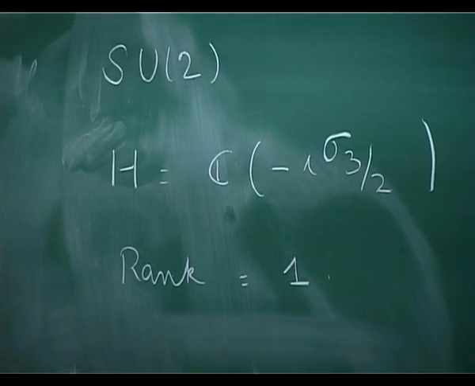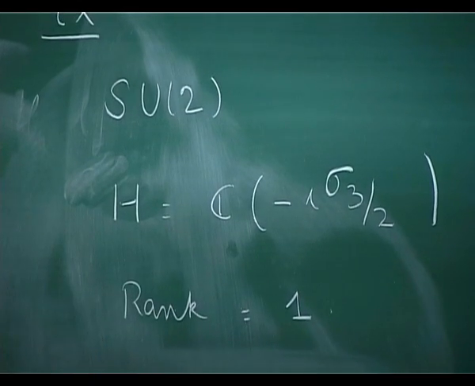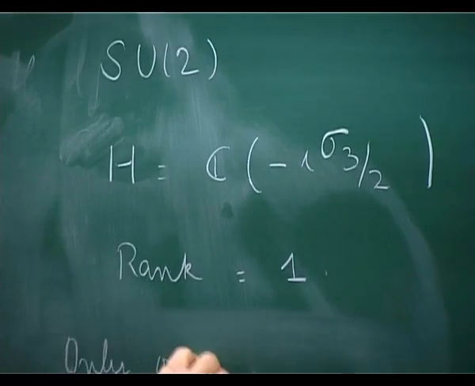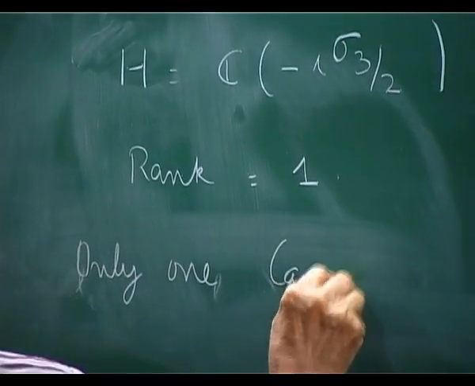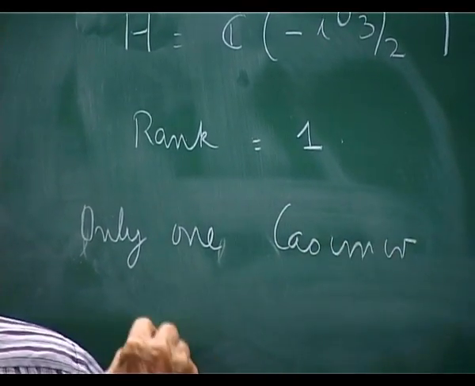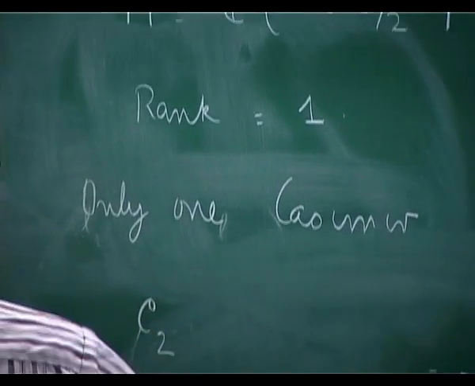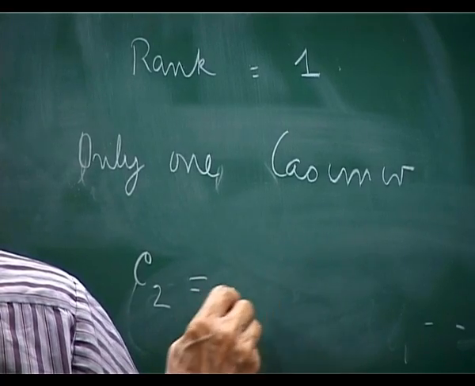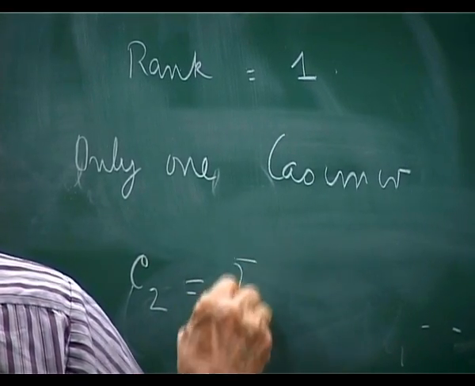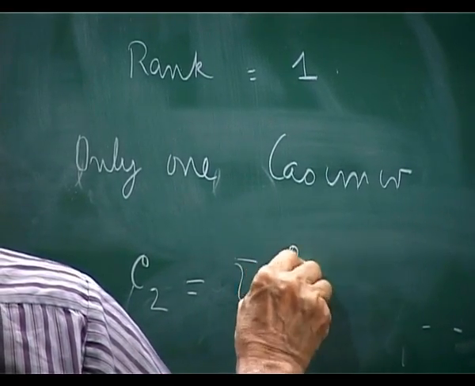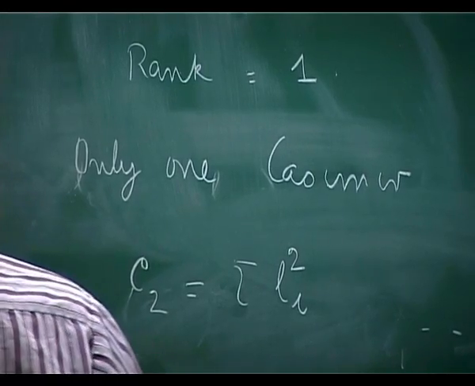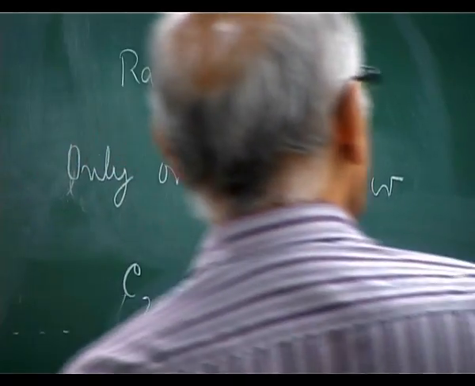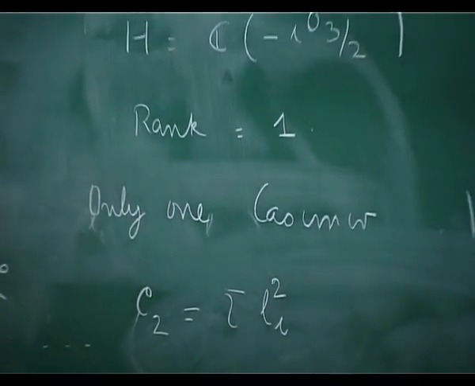Okay. So there is only one quadratic Casimir, C2, which we wrote, no, we will work it out. Well, the way I wrote it is simply L_i squared.